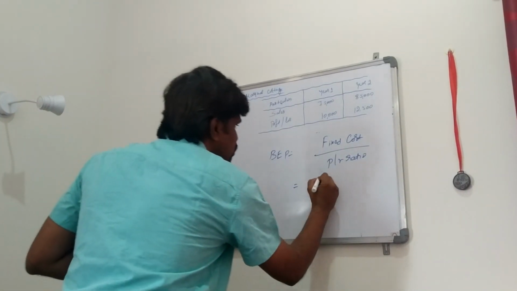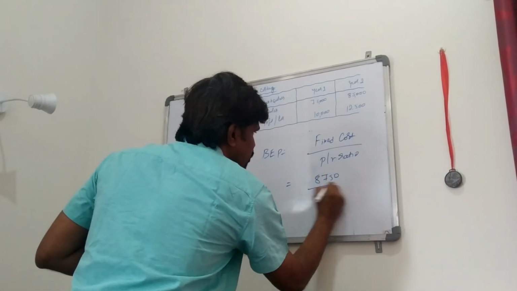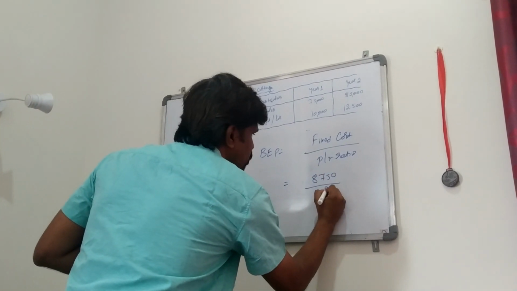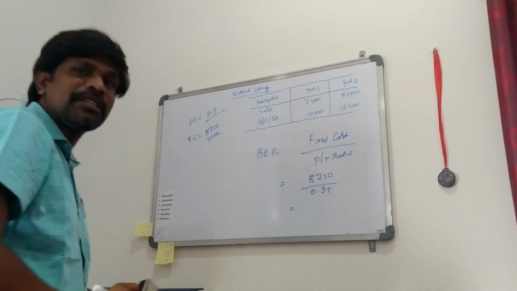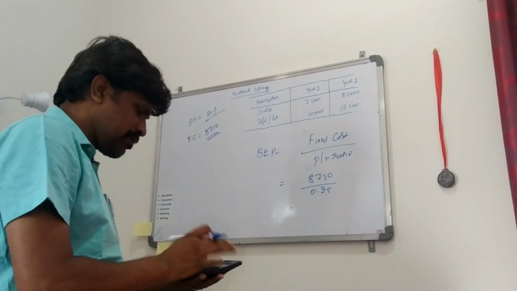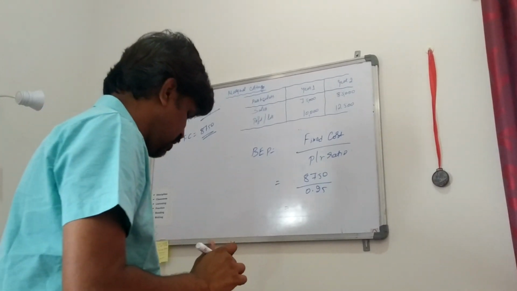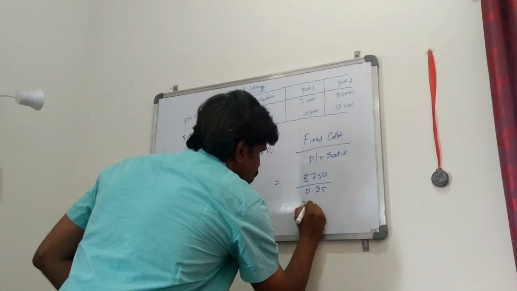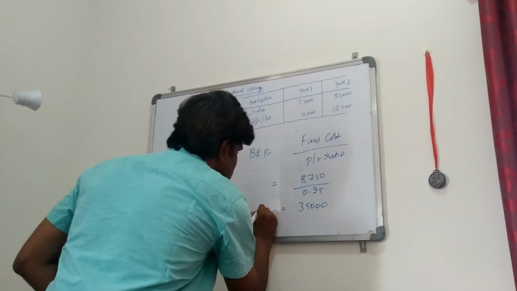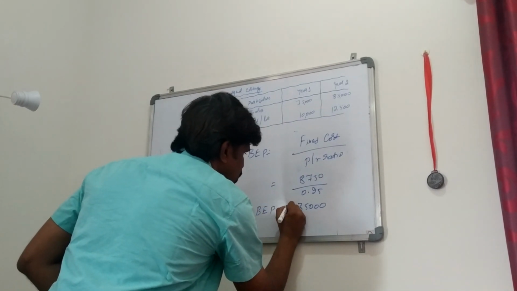That is, fixed cost is 8,750 divided by 0.25, as 25% means 0.25. So 8,750 divided by 0.25 gives Rupees 35,000 as the break-even point.